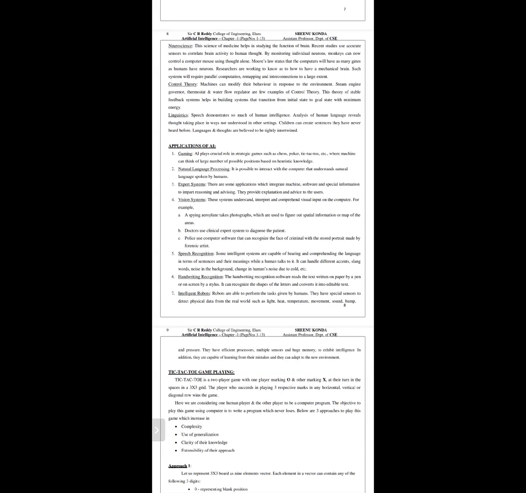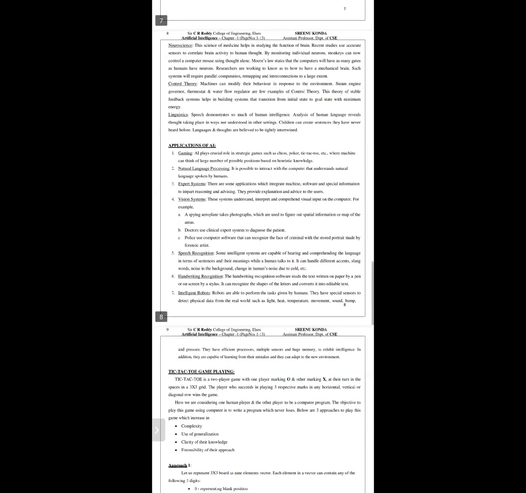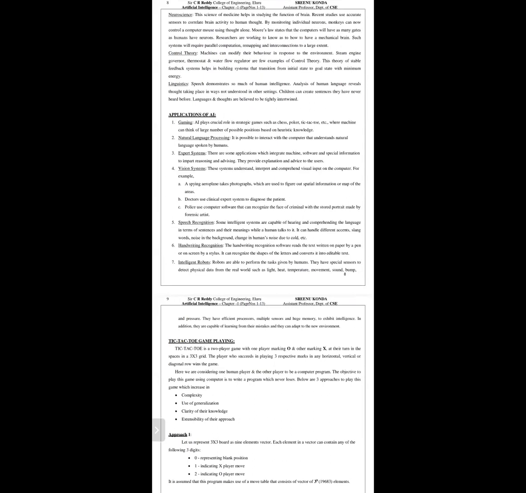Based on the input taken from the sensors, the robot is going to perform the task given by the human beings. These robots have efficient processors, multiple sensors, and huge memory to exhibit intelligence.